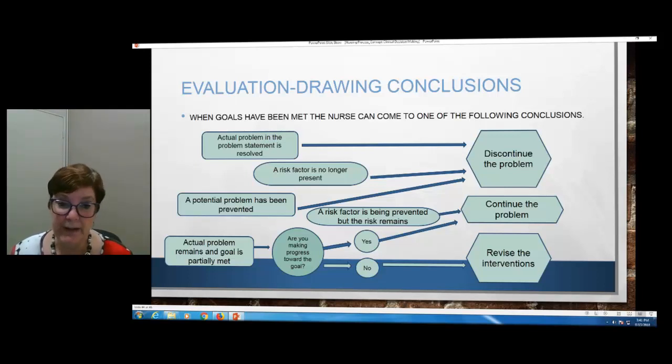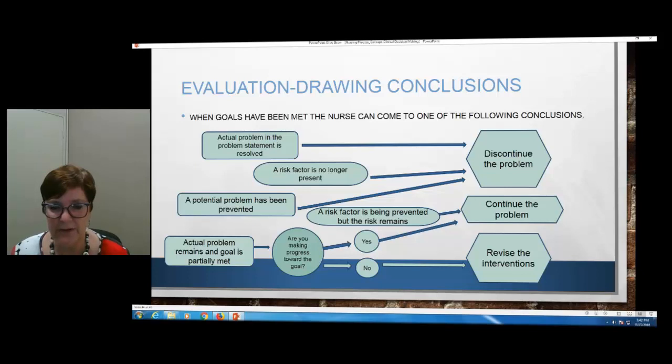The patient has increased their intake. As we are assessing them, their temperature is now 98.6, within normal limits. And when we check their lungs, they are clear. We are no longer hearing those crackles. So the actual problem in the problem statement is either resolved or resolving.